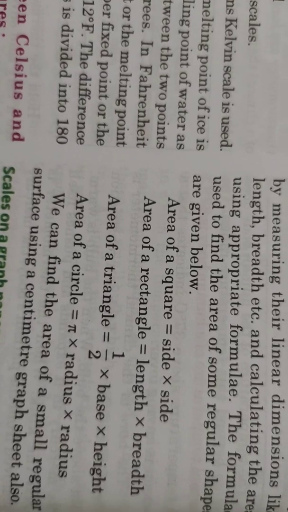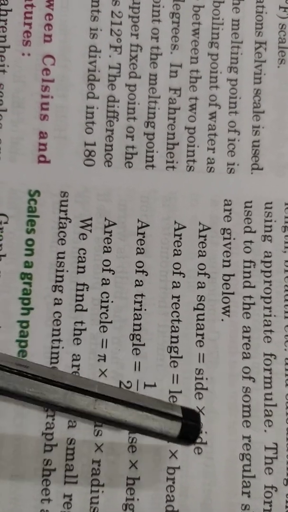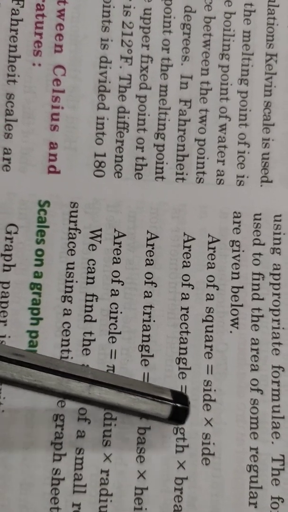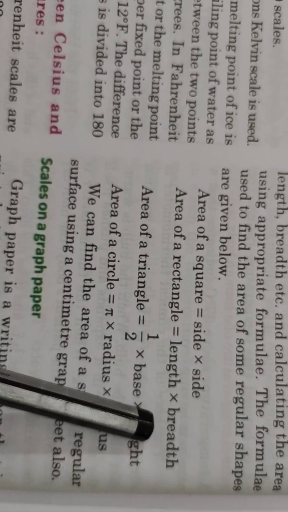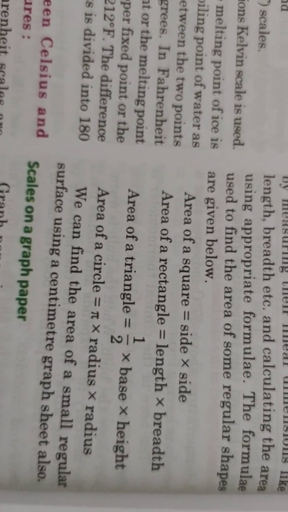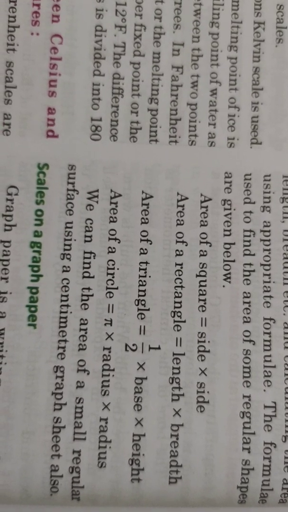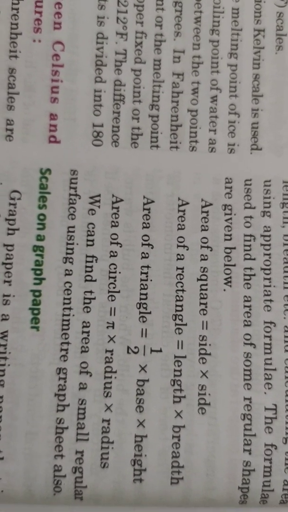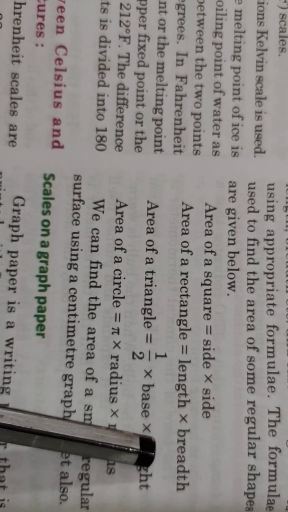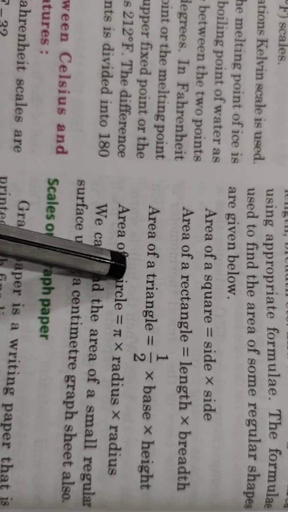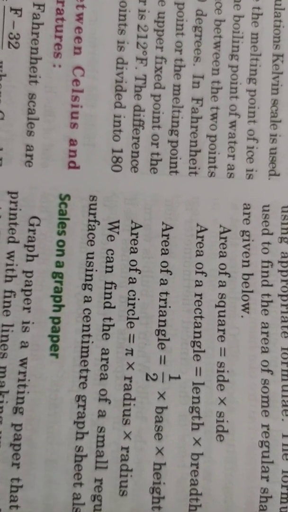In a square, all 4 sides are equal, so any side's length into itself, side into side. For a rectangle there is length and breadth. Length is the longer side, breadth is the smaller side. I think you might have studied the area of rectangle and square in your earlier classes also. The area of a rectangle is length into breadth. For a triangle, the formula is half into base into height.